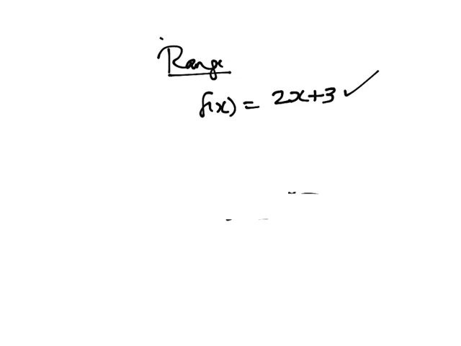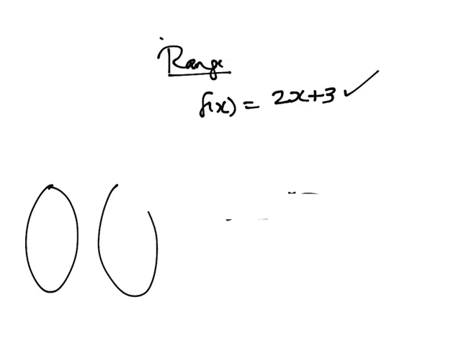Yes, definitely. So here I'm going to write, this is the first set, this is the second set. I'm saying this is the range, in fact all real numbers. So your question is, is the real number 10 part of the range? Definitely. So how do I find out what is its pre-image?